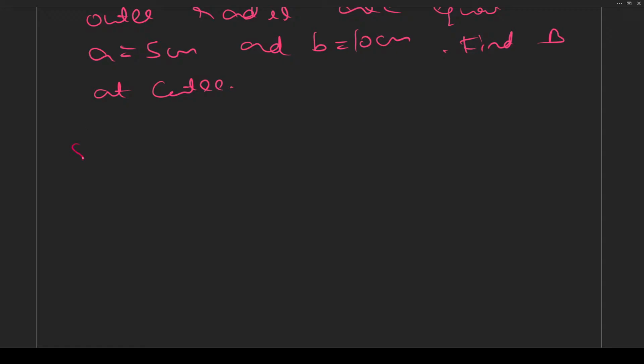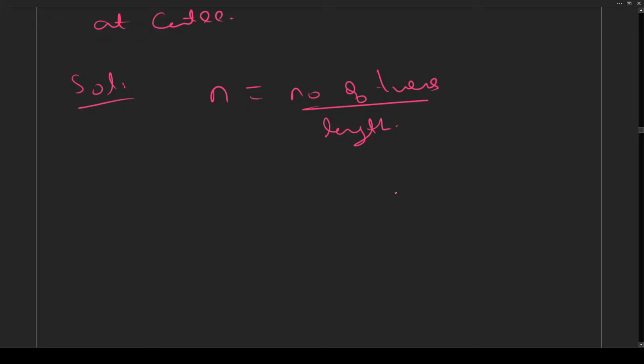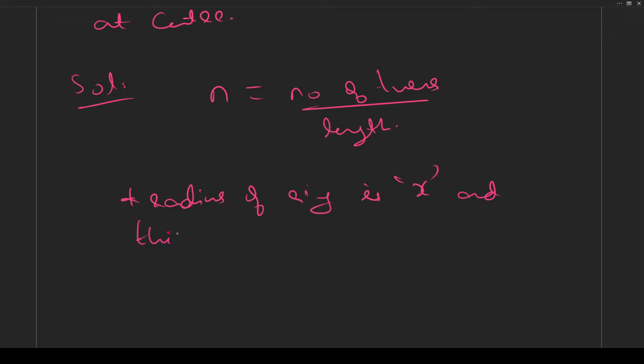Solution. Let's assume n is the number of turns per unit length, and let's assume the radius of a ring is x and the thickness of this ring is dx.